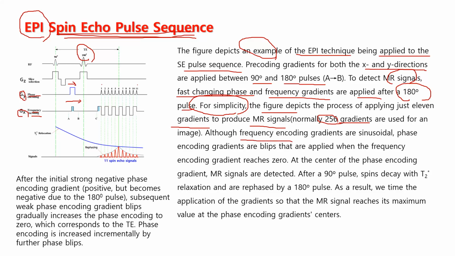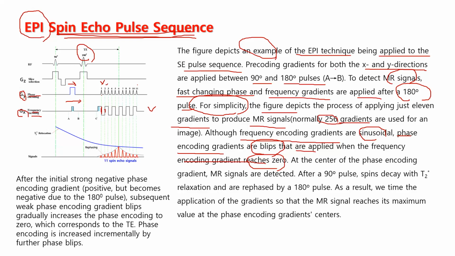The frequency encoding gradients are sinusoidal, while the phase encoding gradients are blips. These blips are applied when the frequency encoding gradient reaches 0. So at this point, the frequency encoding gradient is at 0, then a blip type phase encoding gradient is applied.